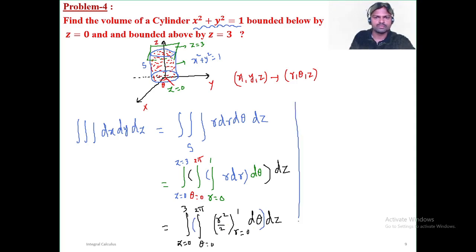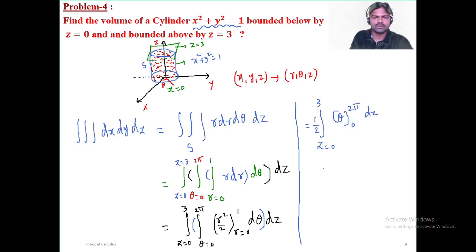So the integral with z from 0 to 3 and theta from 0 to 2 pi. Substituting the value for r, we get 1 by 2. Next with respect to theta, the integral of d theta is theta, with limits 0 to 2 pi, and after that with respect to z.